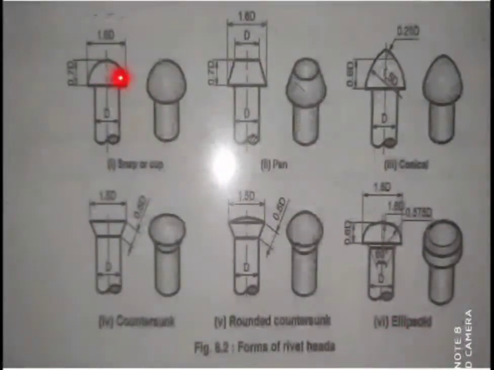Their head dimensions are given with respect to the diameter D, that is, the shank diameter D. Rivets are generally made of mild steel, wrought iron, copper, and aluminum alloy. The material is selected depending upon the application where it is used.